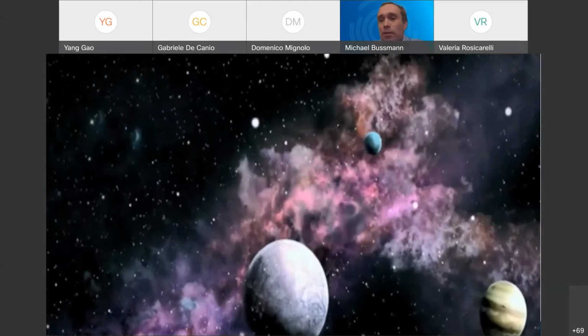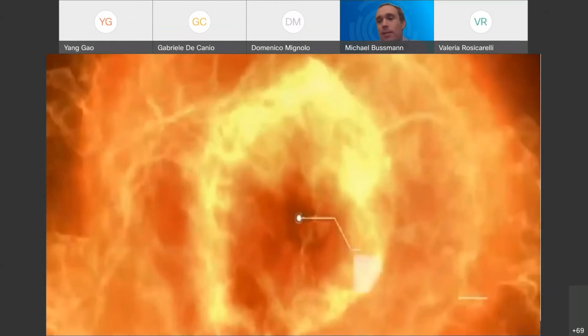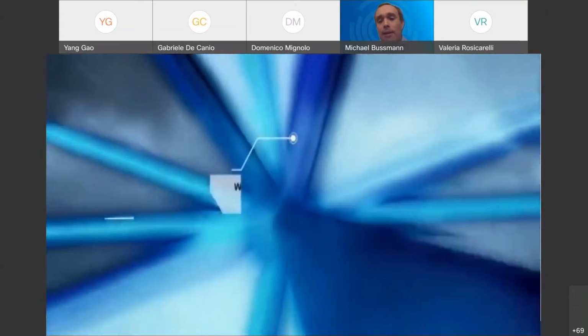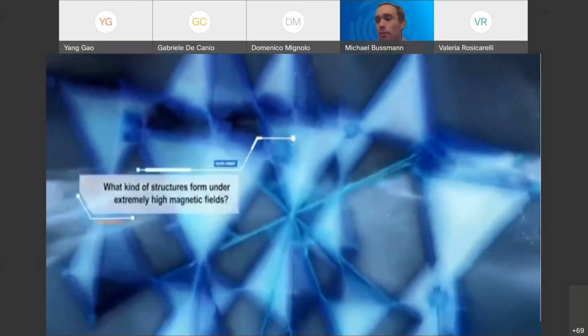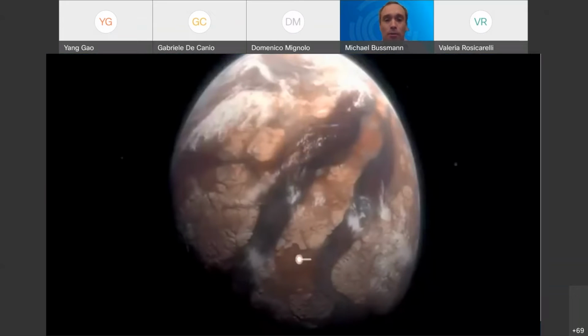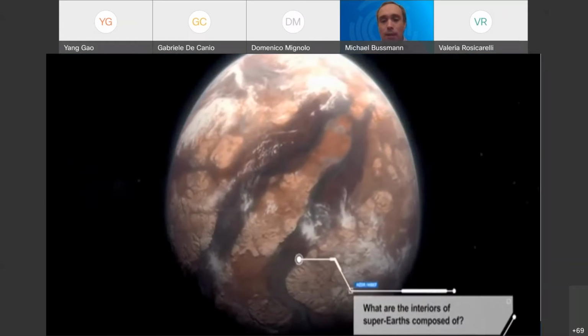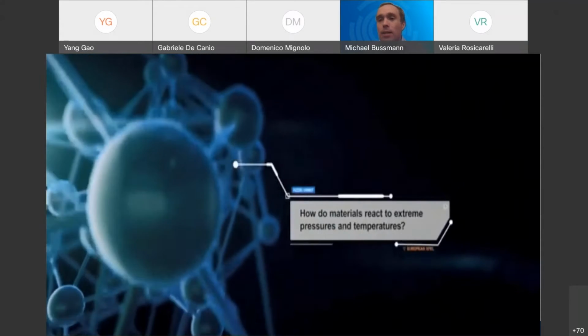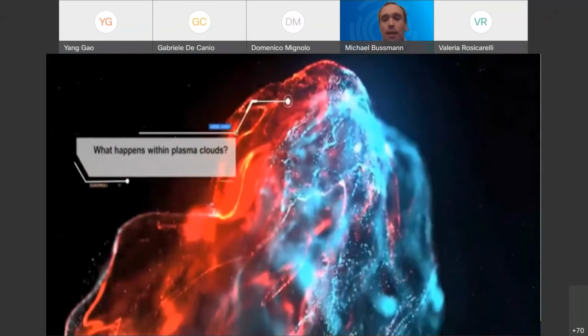One of the possibilities we have is to actually recreate those states of matter that we cannot directly observe with our observatories in the laboratory. One of those facilities is the Helmholtz International Beamline for Extreme Fields, which is hosted by HZDR and European XFEL.